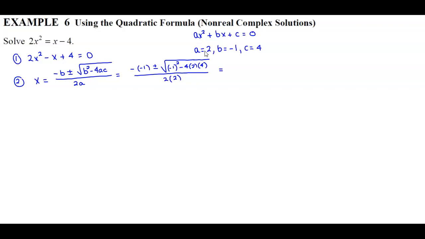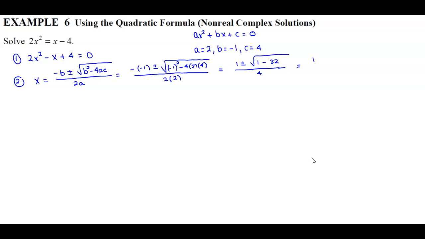Now let's simplify this a little further. So a negative times a negative 1 gives us a positive 1, and that's going to be plus or minus the square root of, well, negative 1 squared is positive 1, minus 4 times 2, which is 8. 8 times 4 gives us 32. And then we're going to divide that by 2 times 2, which is 4. Okay, now we're going to go ahead and simplify this a little further.